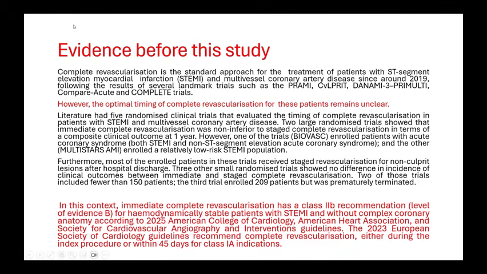What is the evidence that we have before this trial was published? Before the end of August 2025, we know since 2019 from 5 or 6 major trials, PRAMI, CULPRIT, DANAMI-3, PRIMULTI, COMPARE-ACUTE, and COMPLETE, that any patient presenting with a STEMI with thrombotic total occlusion of an infarct-related artery will be completely revascularized.